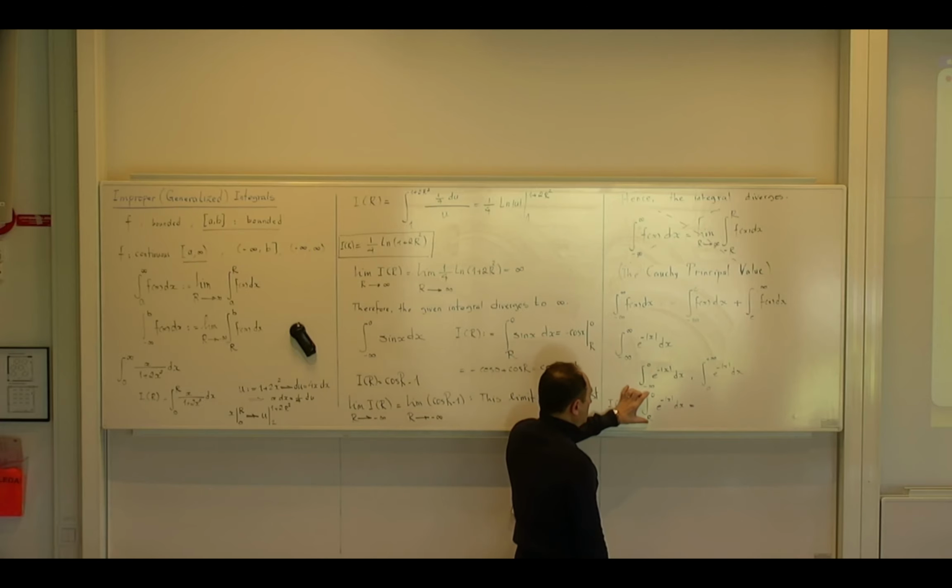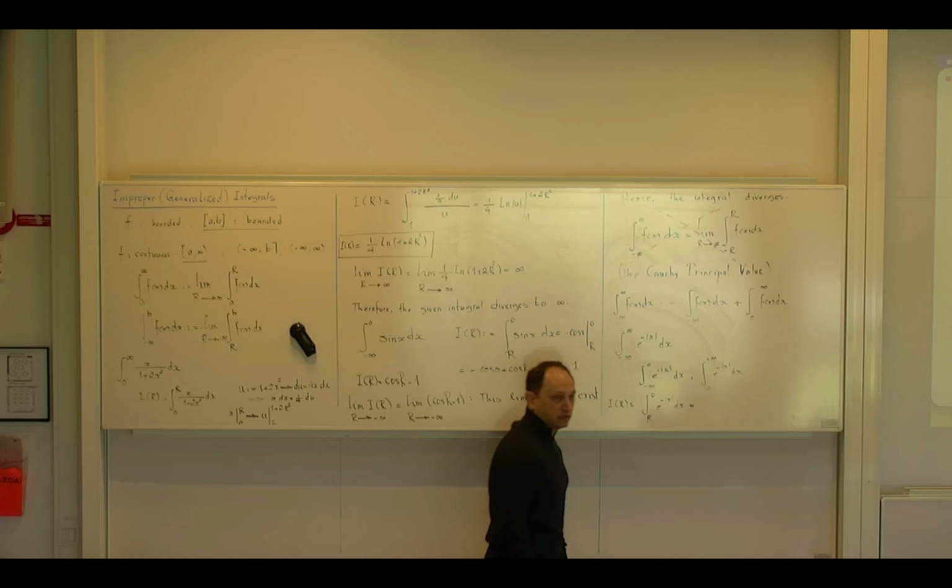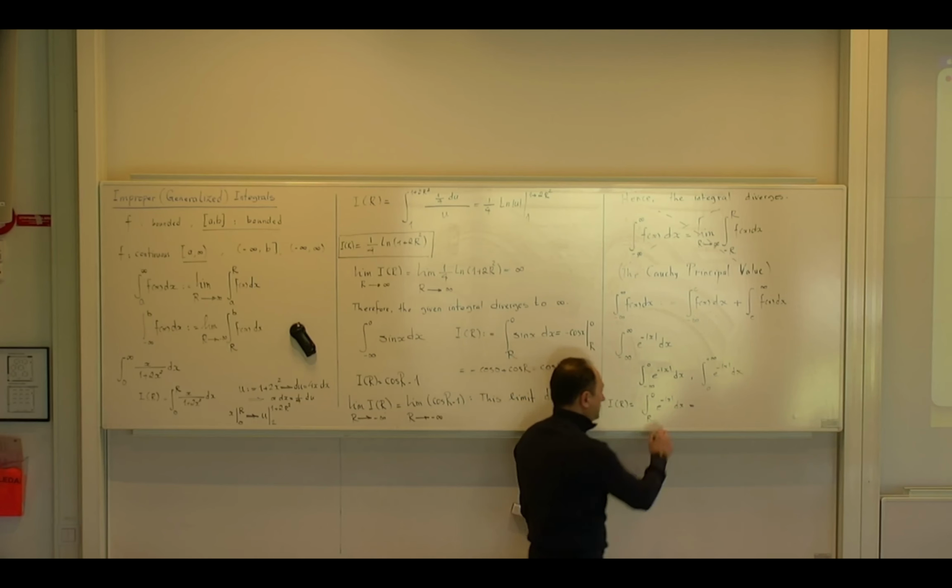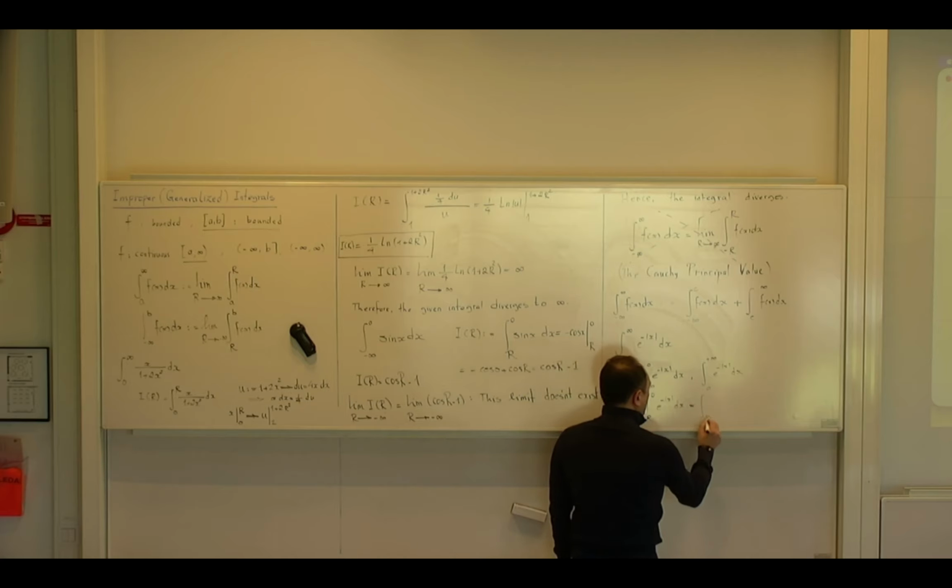So this interval is always negative. Can I replace this absolute value? Yes, because x goes from r to 0, and I'm assuming that r is negative. So x is negative everywhere, so I can remove the absolute value sign, but the price I have to pay is to replace it with minus. So it becomes the integral from r to 0 of e to the power positive x dx.